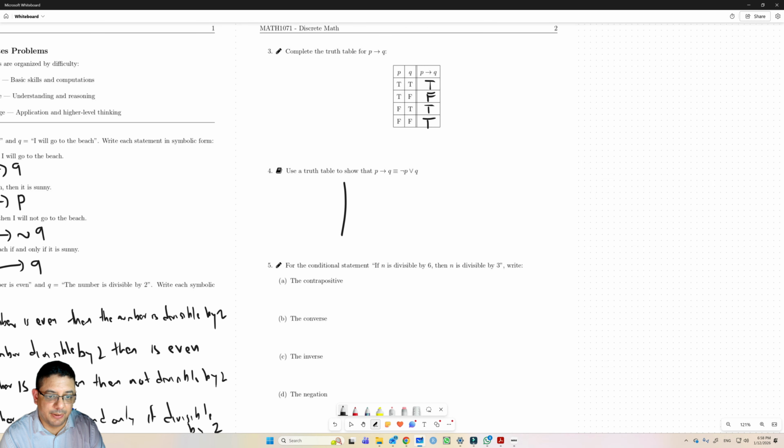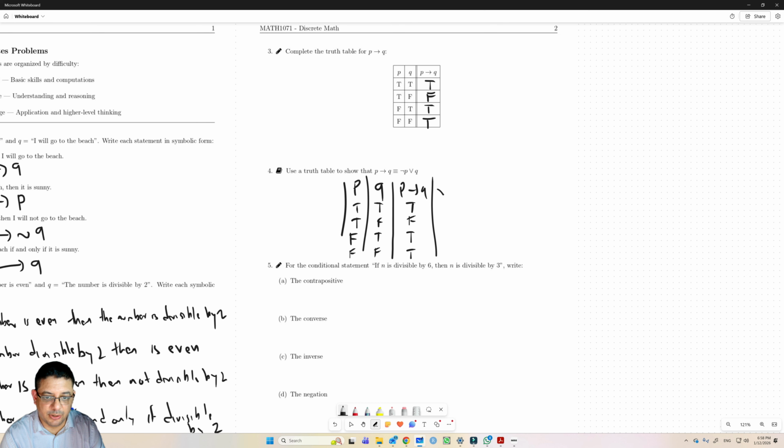And we can set up a truth table. We're going to set up P and Q: true, true, false, false, true, false, true, false. And then P implies Q, we just saw what it was, which is true, false, true, true.